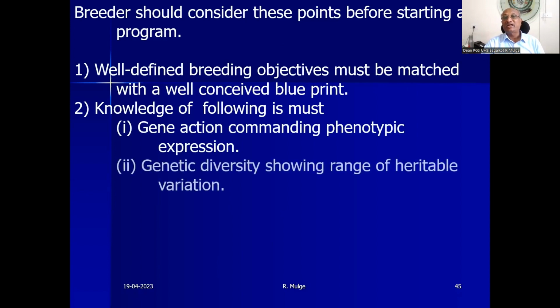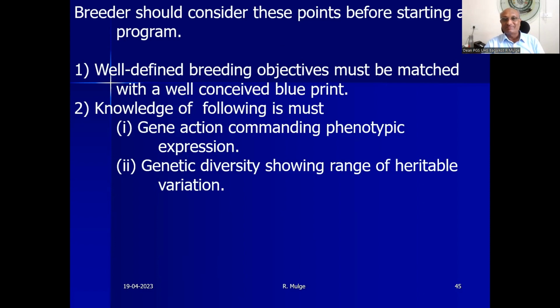Gene action commanding the phenotypic expression, genetic diversity showing the range of heritable variation, whether the variability is there or not, right? Diversity is there or not, and the part of that which is heritable. How much is heritable? Variation, diversity is required, but what is the range of the heritable variation?